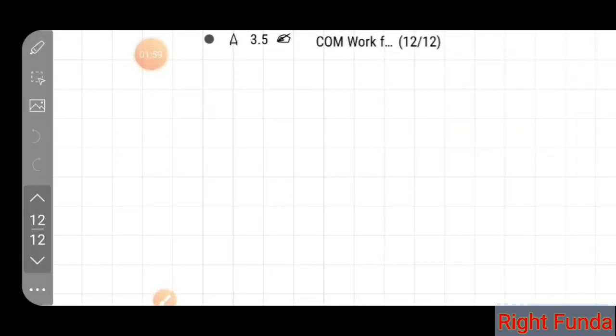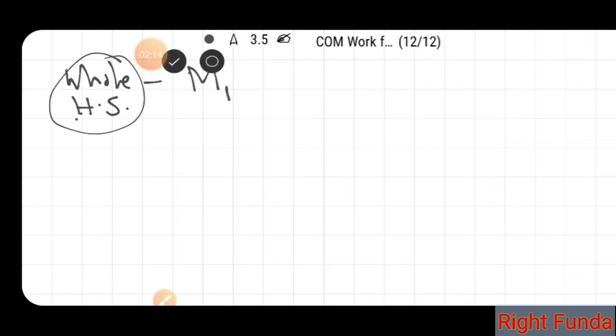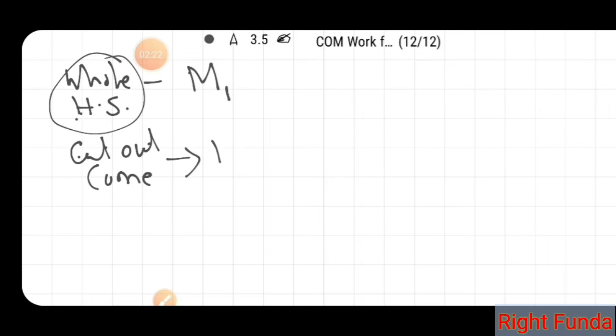So the whole hemisphere, I write its mass as m1, suppose, and second, the cutout cone, its mass is suppose m2.